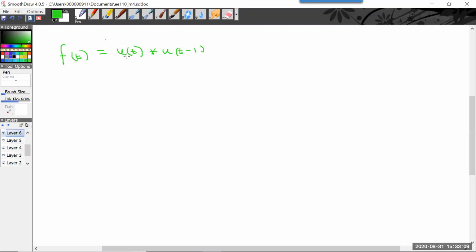Okay. So now let's convolve a step function with a delayed step function. Now let's put this into the convolution integral.